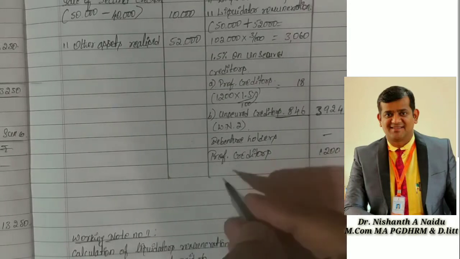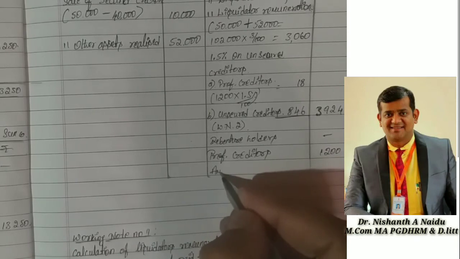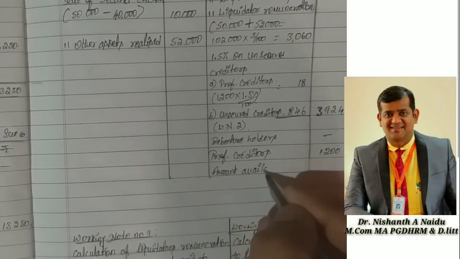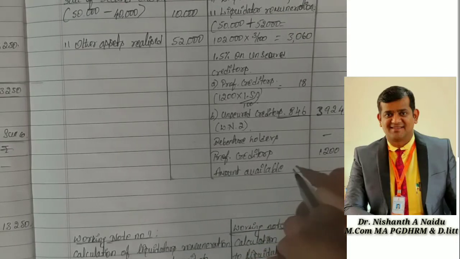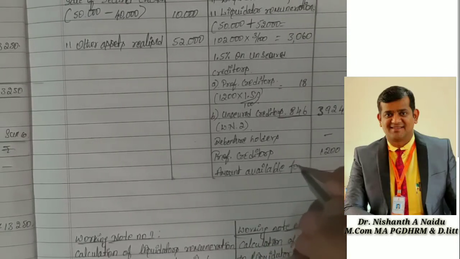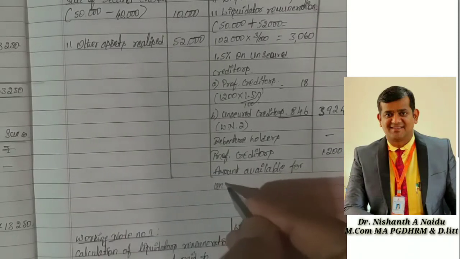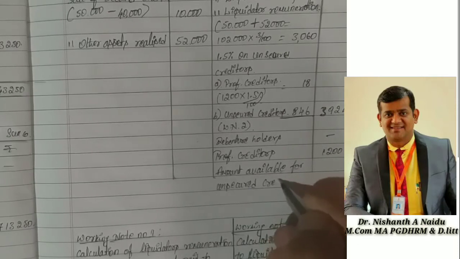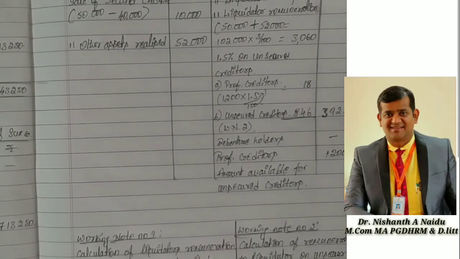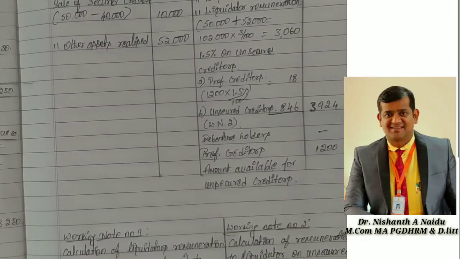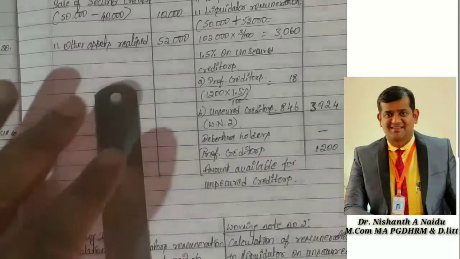Whatever amount is left out, I am writing as amount available for unsecured creditors. Now we are supposed to find out the amount which is available for unsecured creditors.